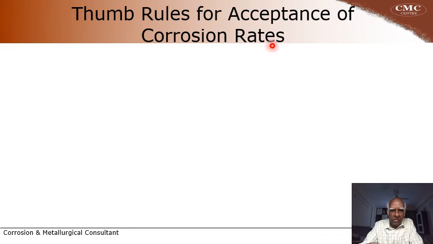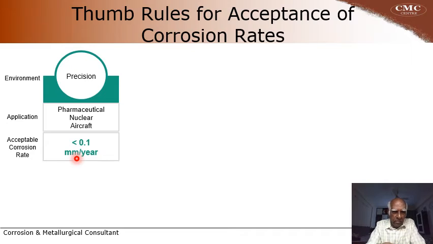Some rules for acceptance of corrosion rates are given in this slide. Less than 0.1 mm per year is a very tight corrosion rate specified for sensitive equipment like those used in pharmaceutical, nuclear, aircraft, food processing.